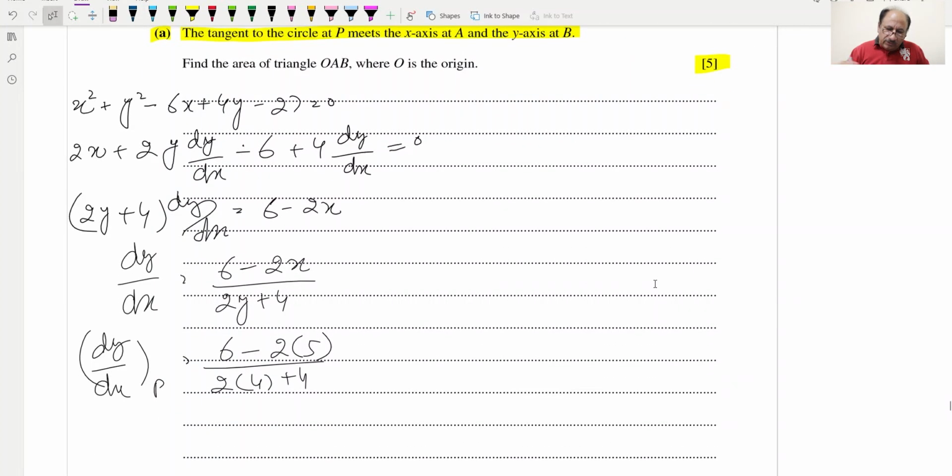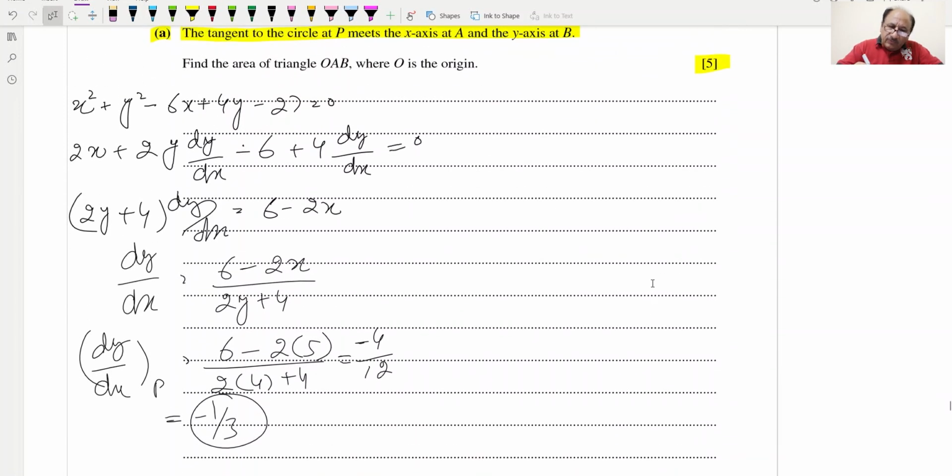We can write 6 minus 10 will be minus 4, and 8 plus 4 will be 12, which is equal to minus 1 by 3. So this is basically the gradient of the tangent at P.